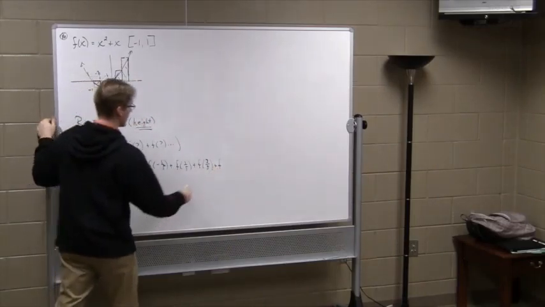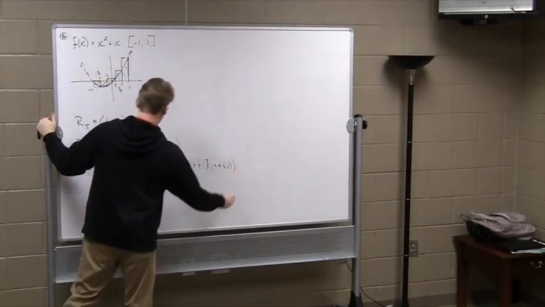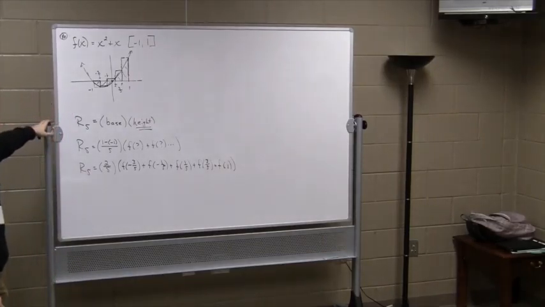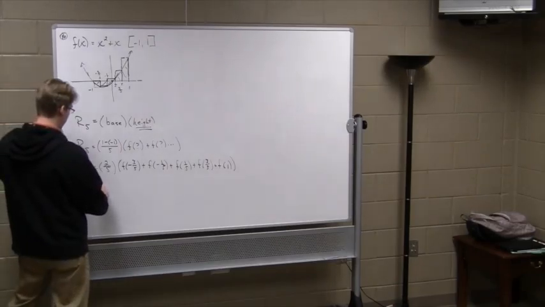What's the last one? 1? Okay, now it's just a matter of plugging numbers in and getting some stuff out. Not going to be pretty at all. We're dealing with some fifths and some fractions and squares. Well, 2/5 is nice.